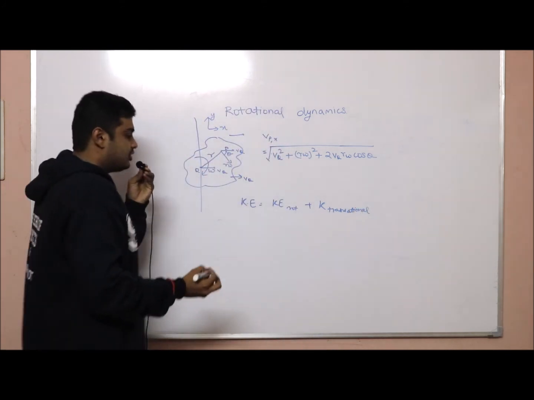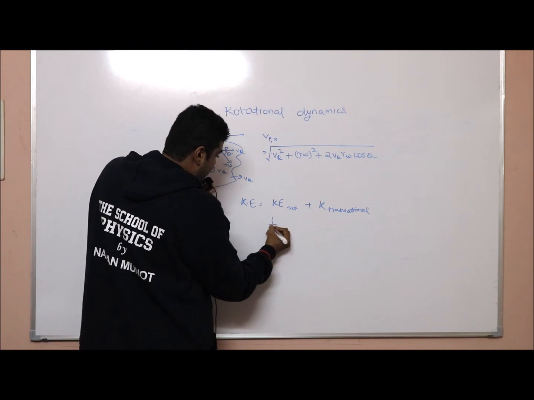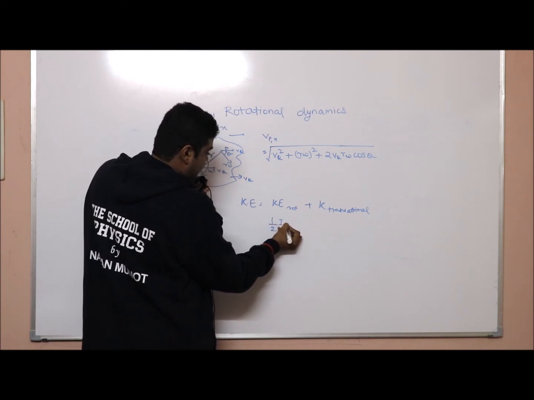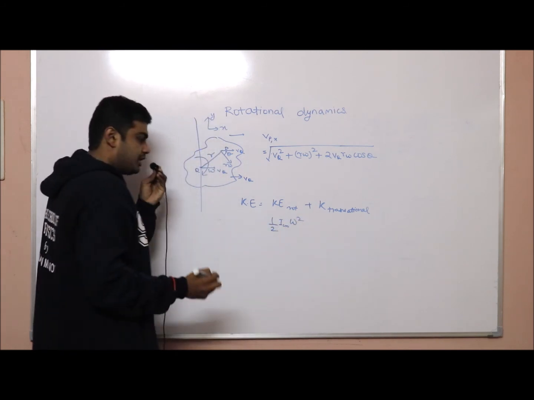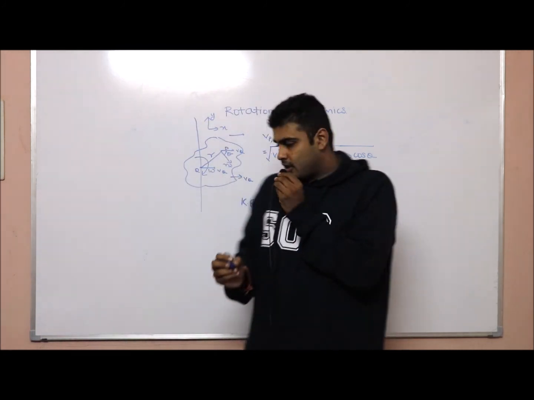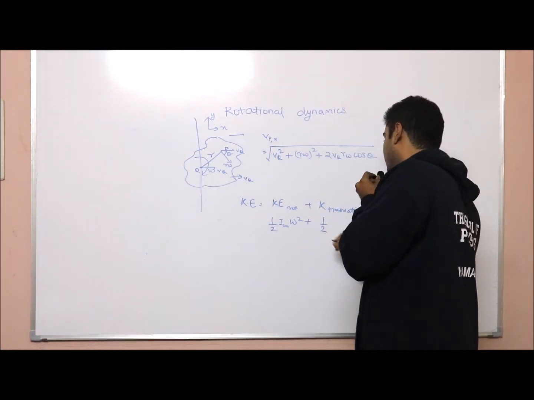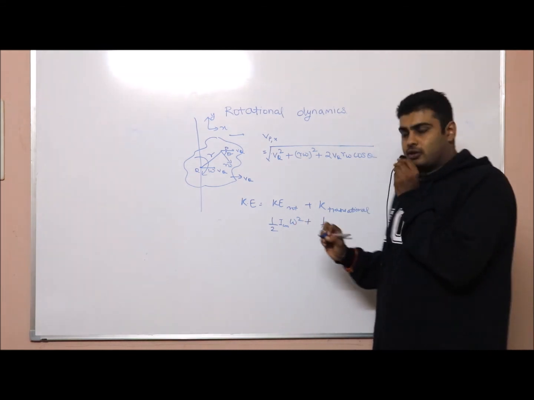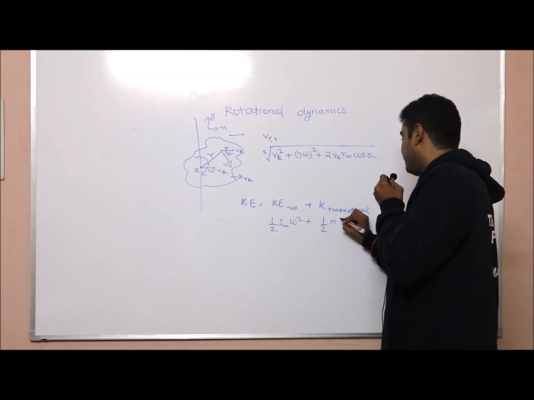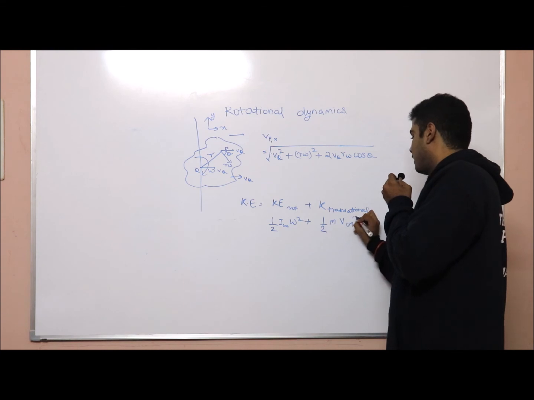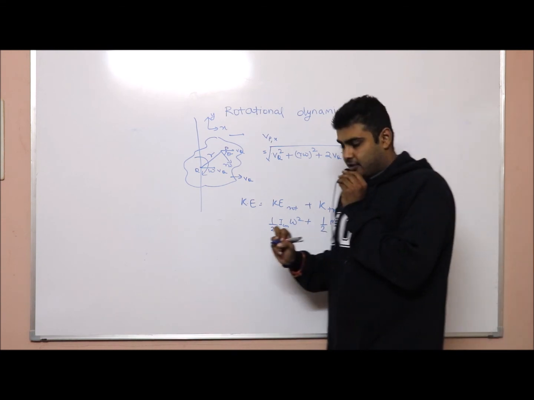Now kinetic energy rotational, as we know, is half I center of mass into omega square, since the body is rotating around the center of mass. And kinetic energy translational is, as we know from the chapter of collisions, half m into VCM square, right? So this is the kinetic energy.